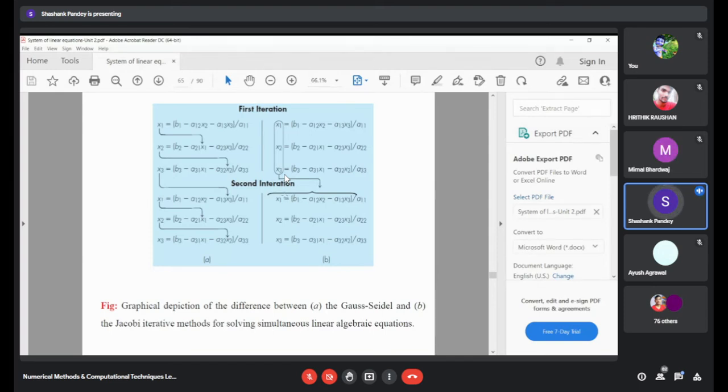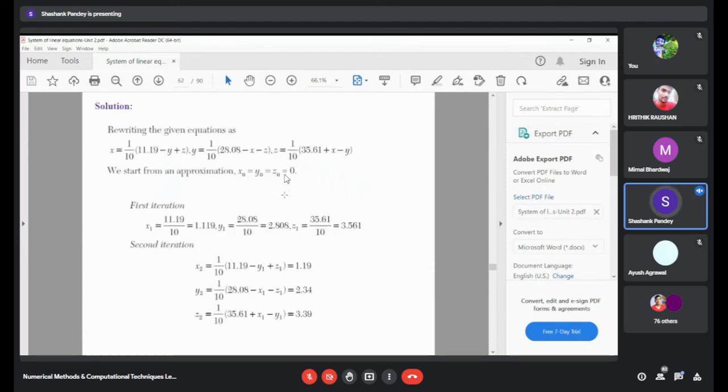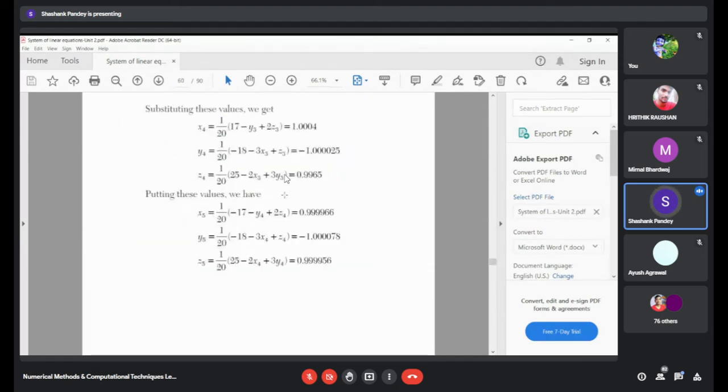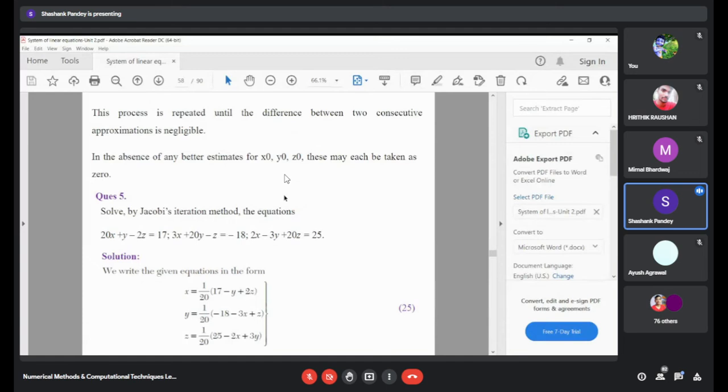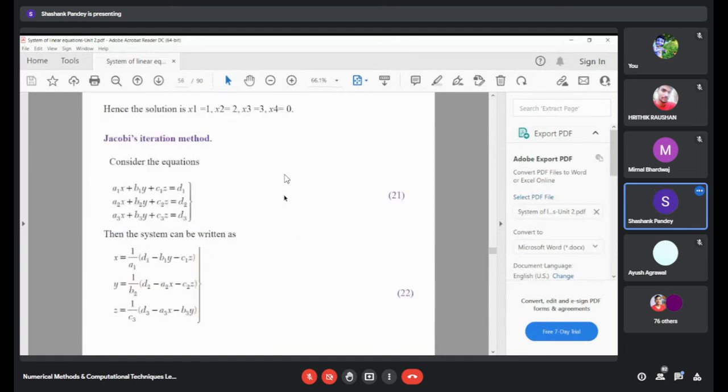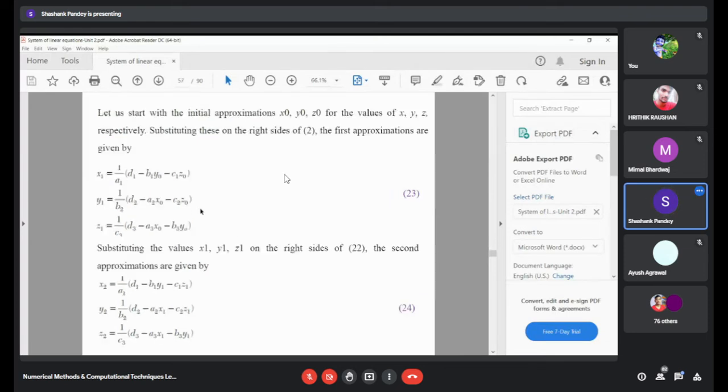So let us proceed towards one example, and we will try to see this through a solved numerical problem. Here we can express equation number 21 for x, y, and z. You can see it in equation 23. These are updated values. Similarly, x2, y2, and z2 are the updated values.